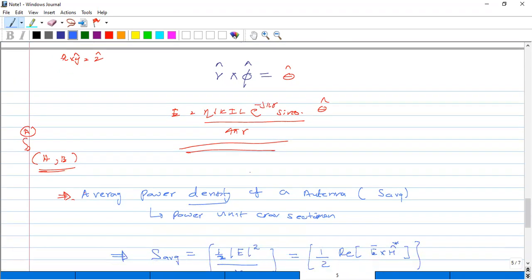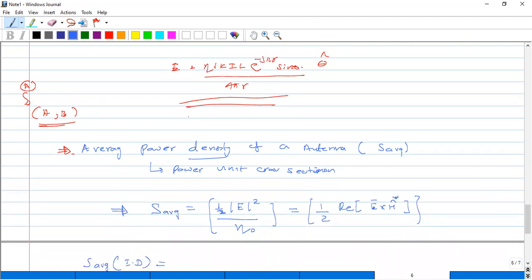Energy should also be a vector, no? The power, energy means the work done, no? If you apply a force, F into L is the energy.